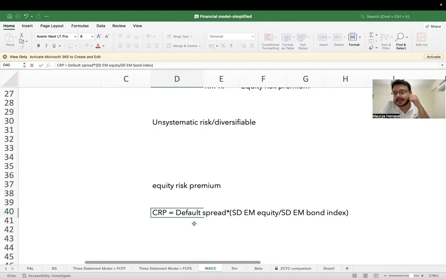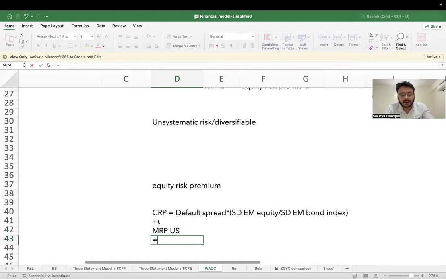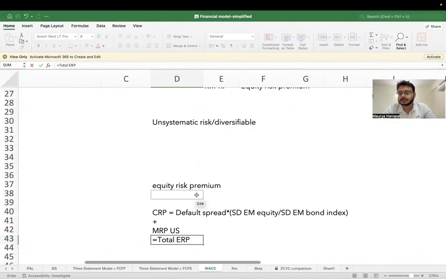And when you do that, you get a country risk premium. Add this number to the mature risk premium of US, and you get something called your total actual ERP. Total ERP for India.